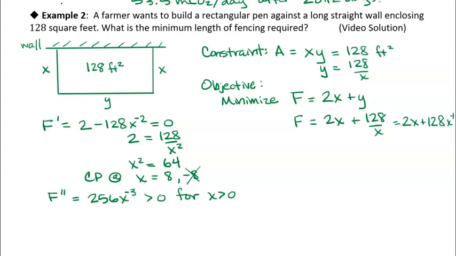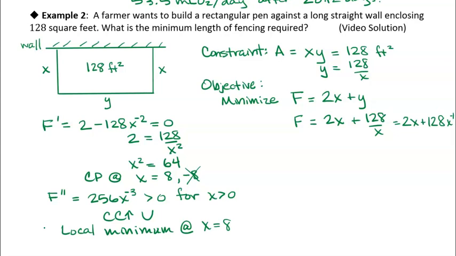So that tells me that the second derivative is concave up for x greater than 0, which, concave up looks like that. So I have a local minimum at x equals 8, because that's a positive value of x.